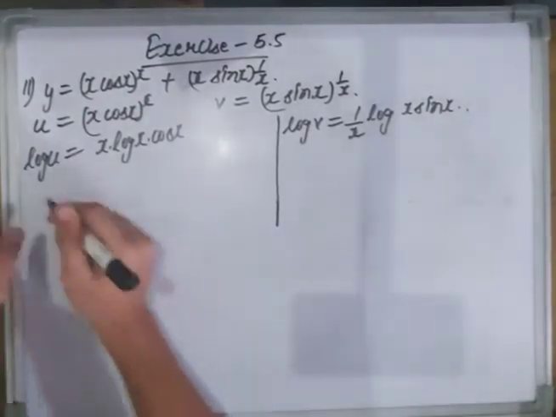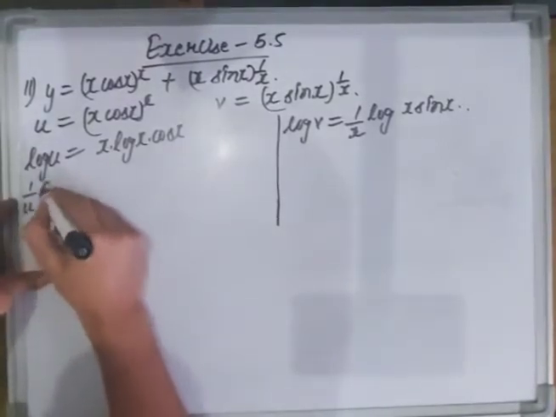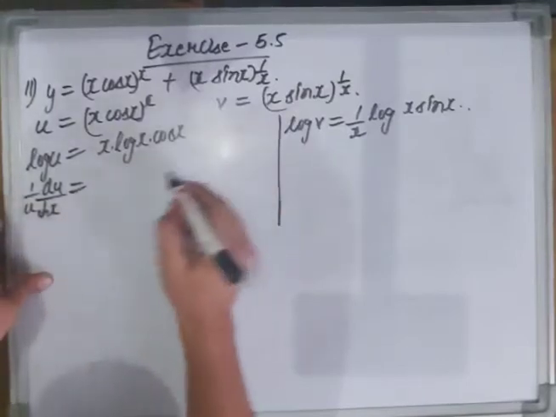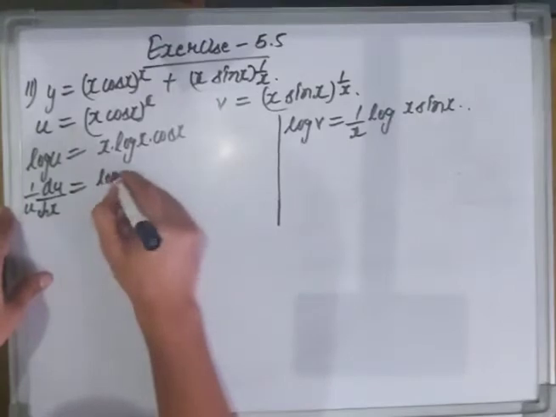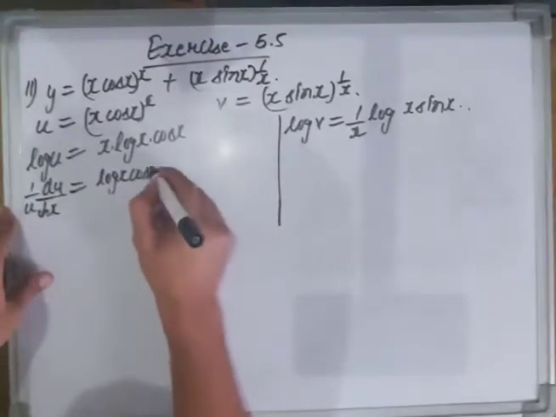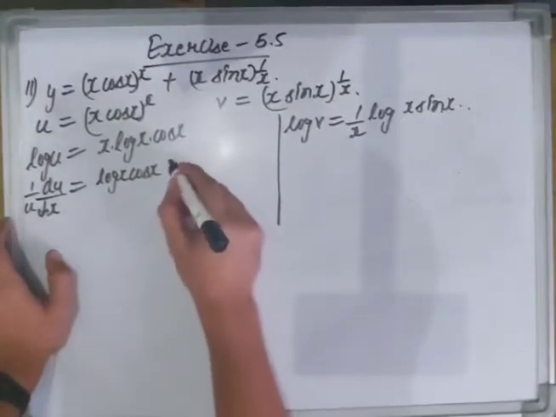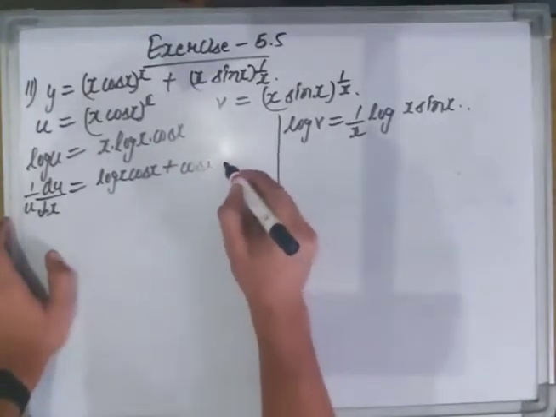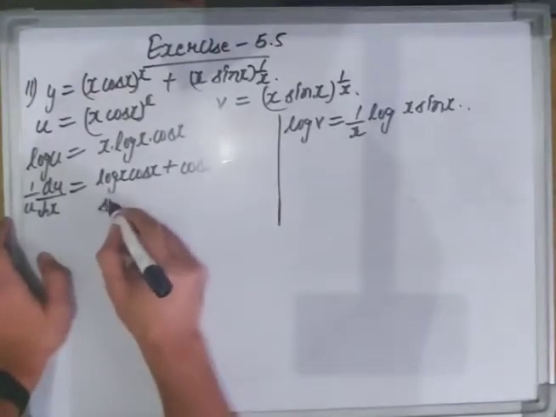Now just see here, differentiating this function, we have 1 upon u du upon dx. Applying the product rule here, first of all differentiating x, we have log x cos x as it is, and when I differentiate x log x, we have only cos x, and when I differentiate cos x, we have minus sin x.